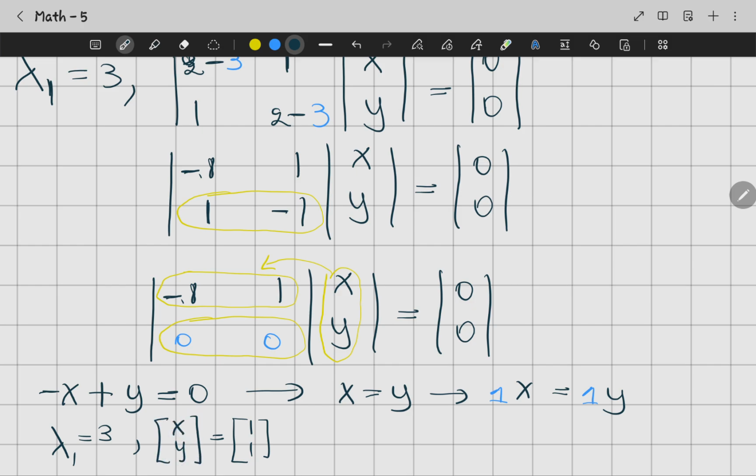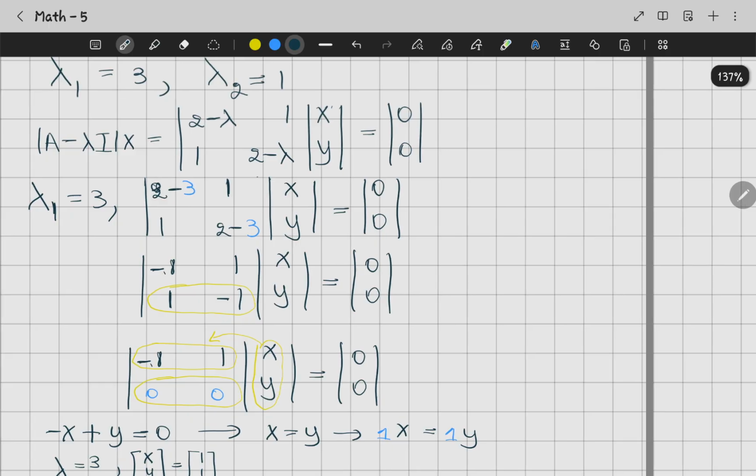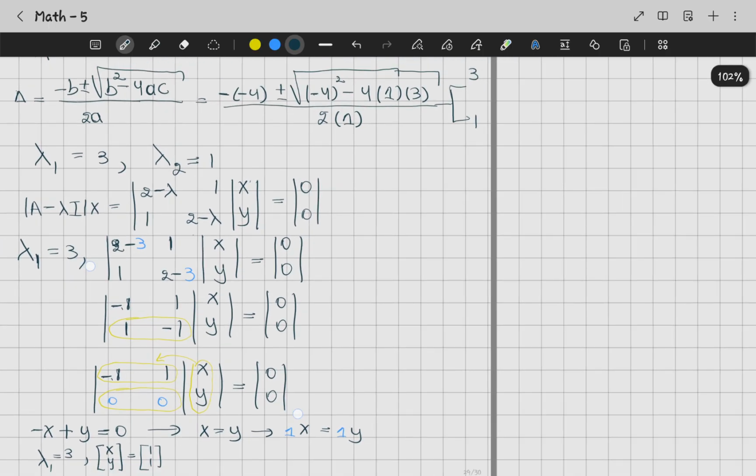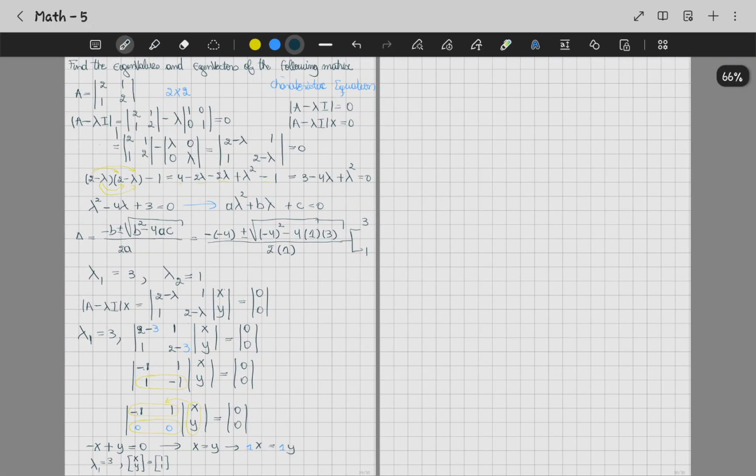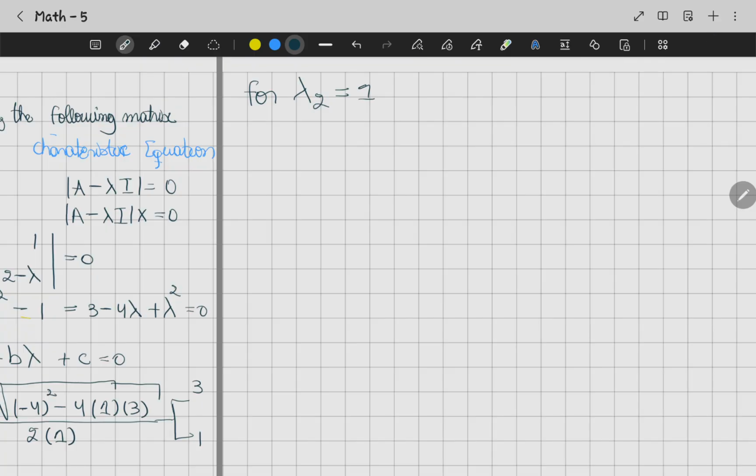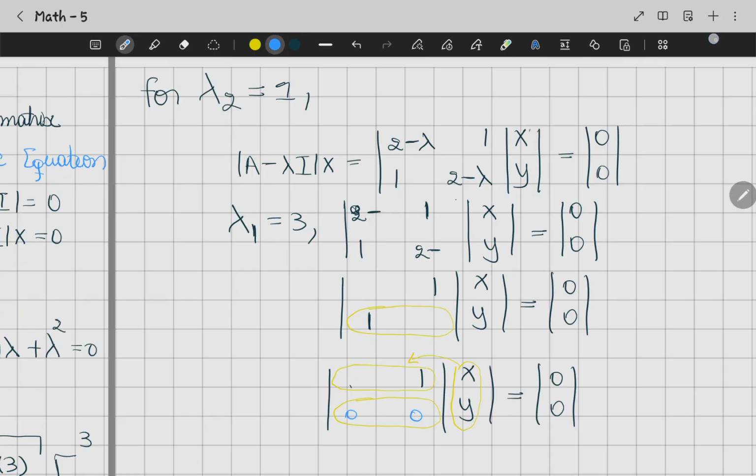And then let's work out the second, which is 1. We're going to go with the same principle. This is what we're going to solve. Let me continue. This is what we're going to plug in here, replacing the value of the eigenvalue. So 2 negative 1, which will give you 1, and 2 negative 1, which will give you 1. Then this is what we're going to have.